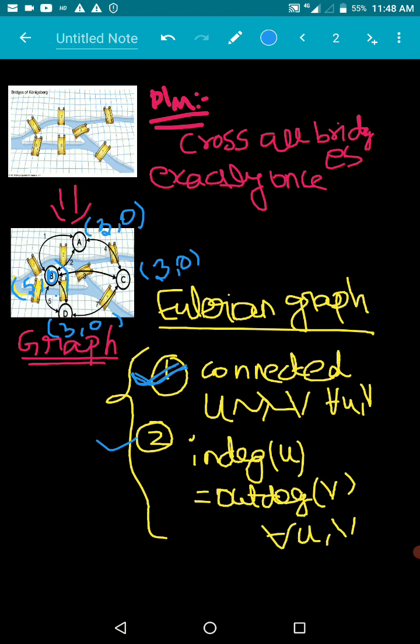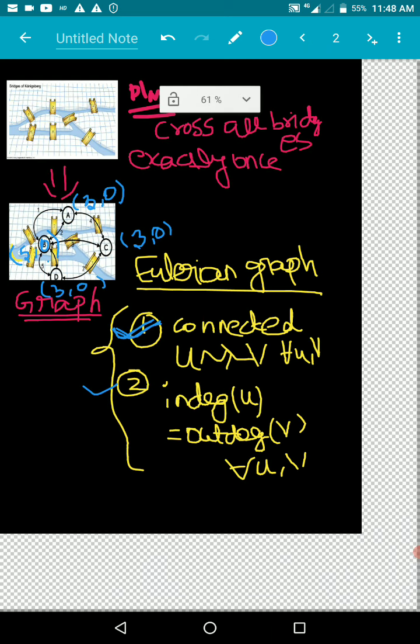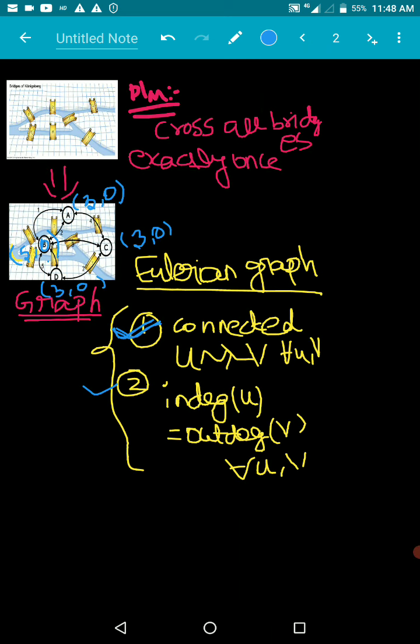Therefore, the conclusion is that the given graph is not a Eulerian graph, which means I can never visit all the bridges exactly once. My dear friends, see how efficiently I concluded this type of problem, in a fraction of the time.